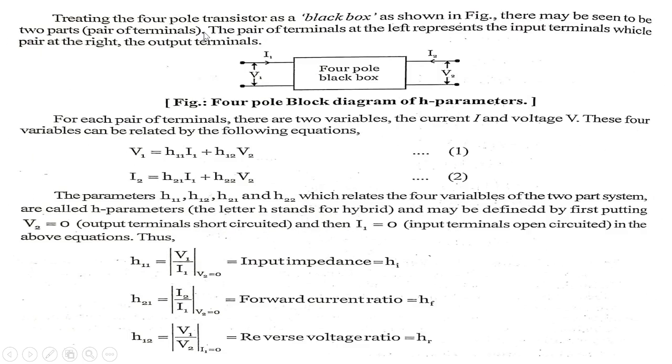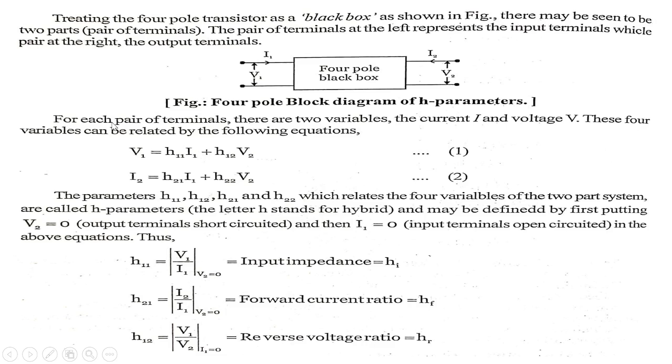Considering the transistor as a black box as shown in the figure, there are two pairs of terminals. The pair of terminals at the left represents the input terminals while the pair at the right side shows the output terminals.